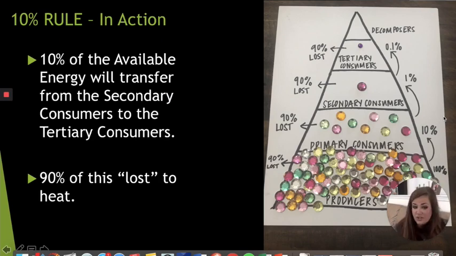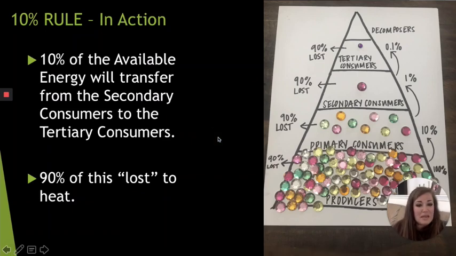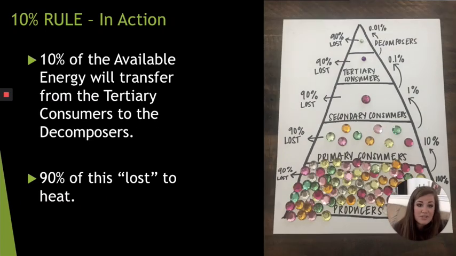Okay, this is stretching your knowledge of fractions and asking you to use a lot of math, and I understand that, but bear with me. So you are going to use 10% of that 0.1 and give that to your decomposers. So you're going even smaller. I had one last teeny tiny rhinestone that I used, and that is going to represent my 0.01% of available energy.